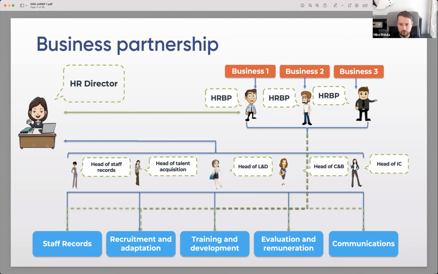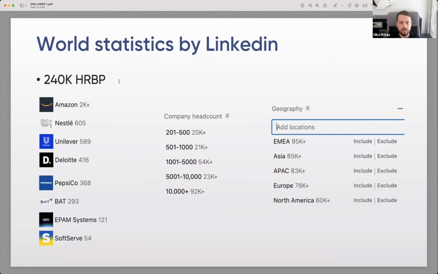Then we have business units, and then we have HR business partners working with business units and with functional HR departments. So they just act as account managers for their business units.